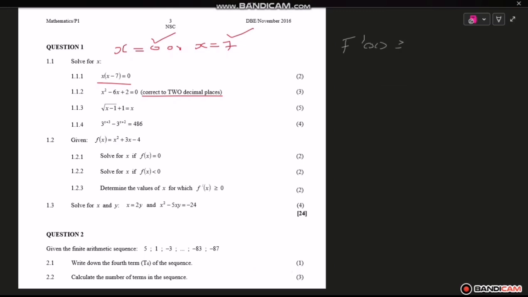It will be f prime of x greater than or equal to 0. Then you find the derivative or the gradient of f, meaning it's going to be 2x plus 3 greater than or equal to 0. Then you solve for x. Therefore x is greater than or equal to negative 3 over 2. Then this becomes our answer.